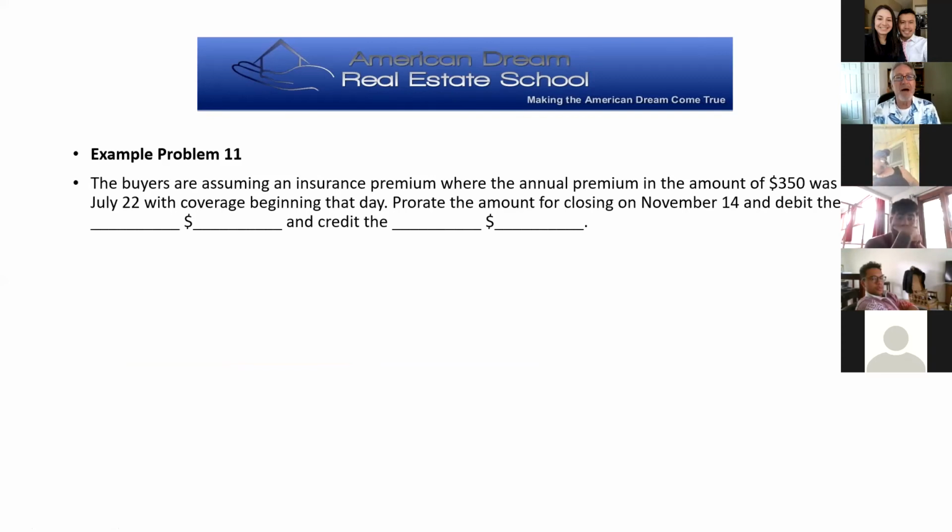In this question, the buyer is going to assume the loan and they're assuming the insurance, so we're just focused on the insurance part here. The premium is $350. It's paid on July 22nd. Closing is November 14th.